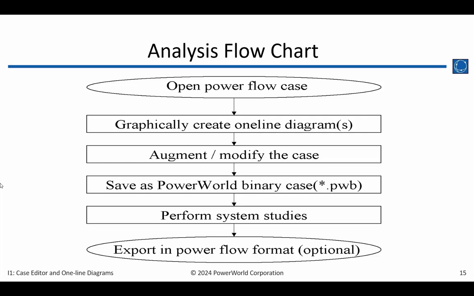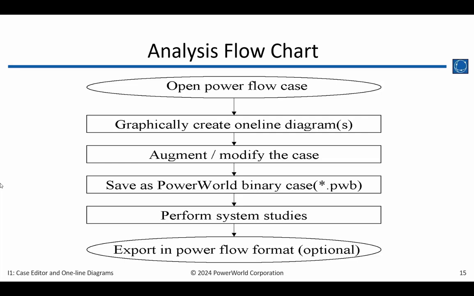We have a binary file format for storing one-line diagrams, and we'll see the relationship between the one-line files and the case files a little bit later. But it's optional. You can do a lot of analysis without using one-line diagrams, but they can be very helpful for visualization and also just as another way to interact with the case. And we'll see that in the example that we do in a moment.